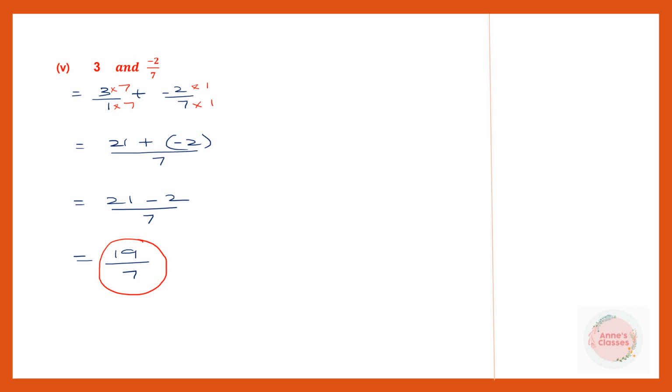Now let's change the order. So let's put minus 2 by 7 first and add 3. So this will become minus 2 by 7 itself plus 3 by 1. Now we have to find the LCM. The LCM is 7. Now here it is 7 into 1 is 7. So minus 2 into 1 is minus 2 plus, next we have 1 into 7.